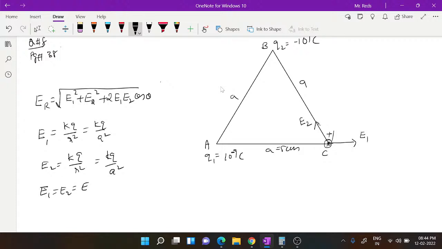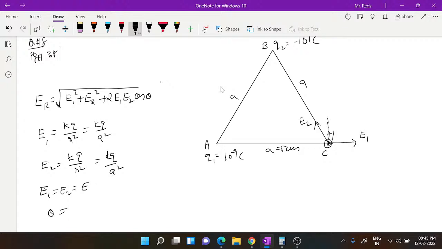Now, what about theta? Theta is the angle between these two fields. By symmetry, what will this angle be? You draw a vertical here.